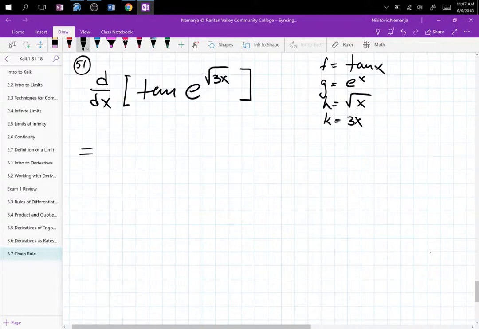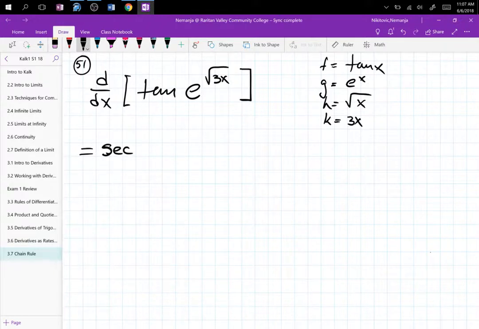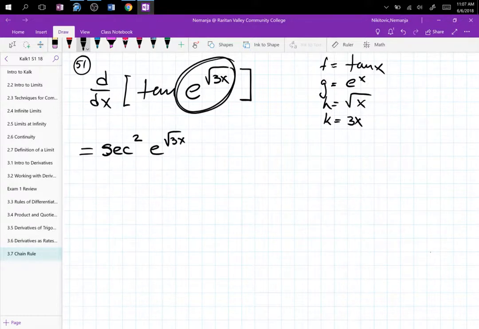The derivative of tangent is secant squared x. So we start with a secant squared of e to the, right? We have to copy the argument of tangent exactly the same, right? Because we are not working on it. Now times the derivative of e is itself e.